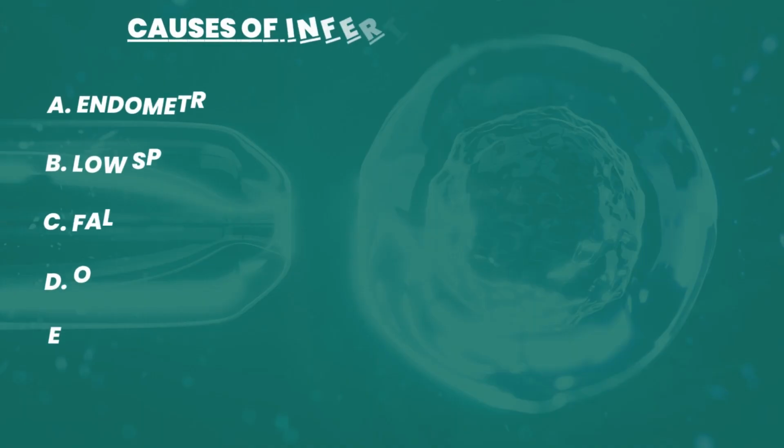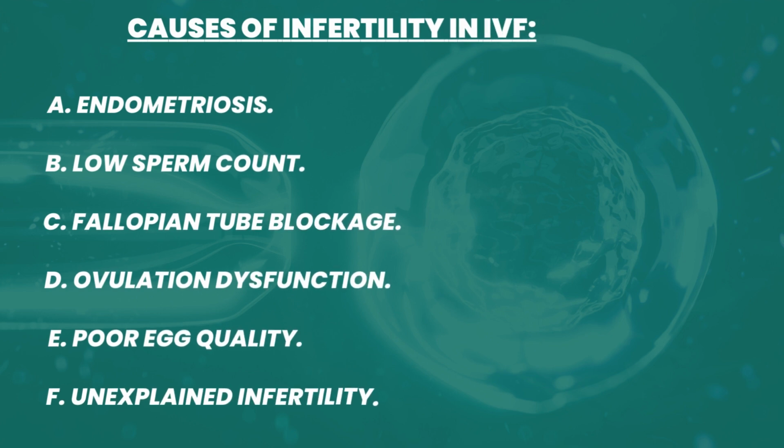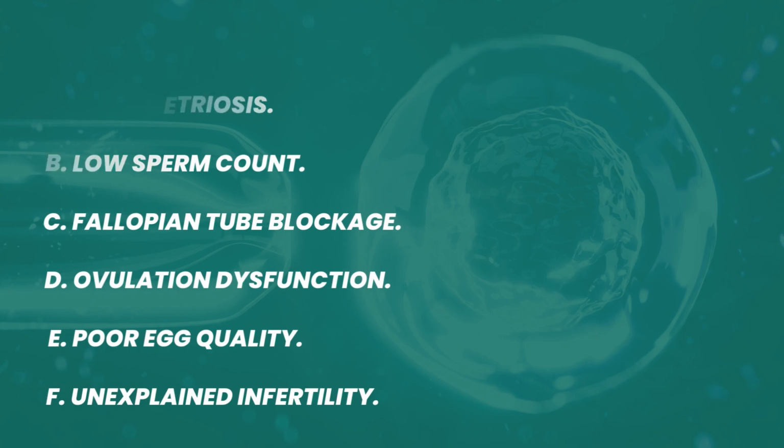These patients are usually with endometriosis, patients with low sperm count, patients with fallopian tube blockage, patients with dysfunction as far as ovulation is concerned, patients with poor egg quality, and the last is probably patients with what we call unexplained infertility. Therefore, this category of patients qualify for IVF and most do very well.